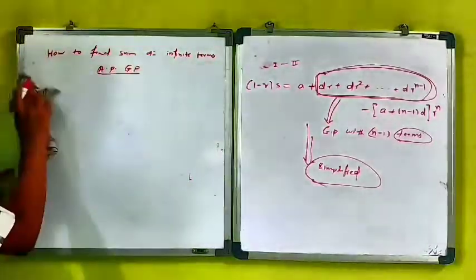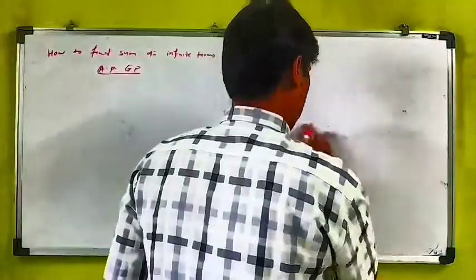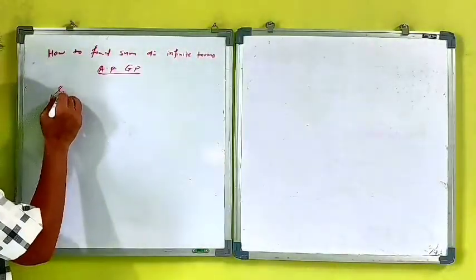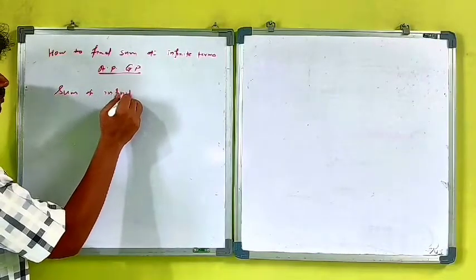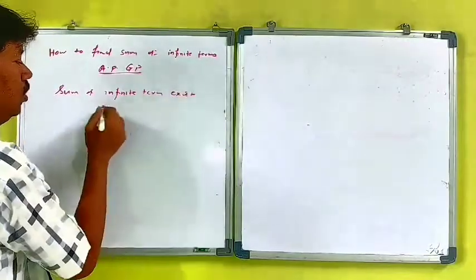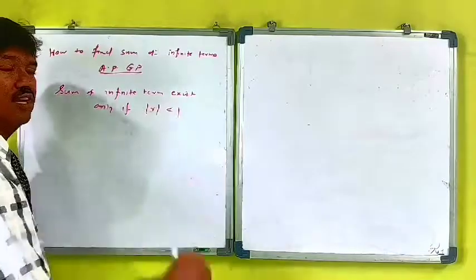When it comes to infinite terms, the sum is only possible, the sum of infinite terms exists only if mod of r is less than 1.